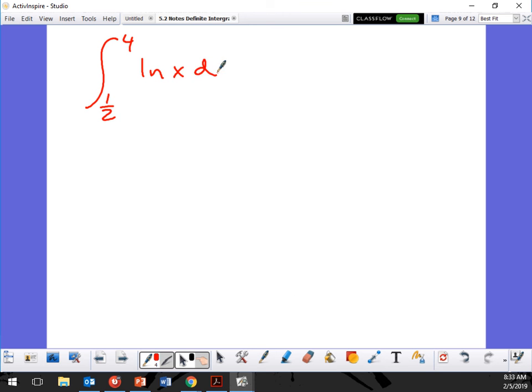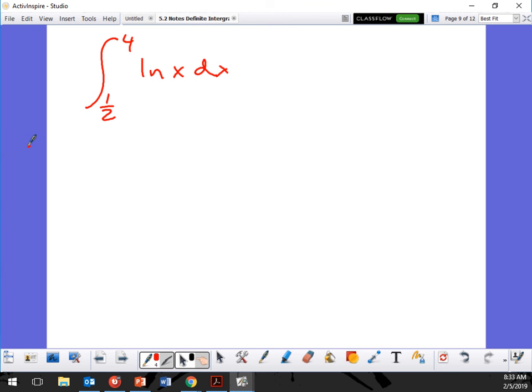When you say you read it from the bottom, like 1/2 to 4, you read it from left to right. And if your a value is less than your b value, then you would switch it. It'd become a negative integral. That's what I showed in the notes a couple minutes ago.